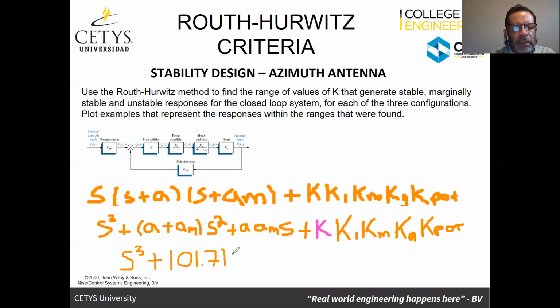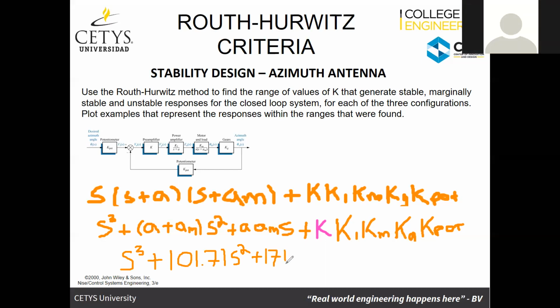Thank you very much, Marianne. Please, everybody else, please verify. What is a times am? If somebody could please help me out with 171. Thank you, Daniel. Does it have any decimals? No, 171 s, perfect.